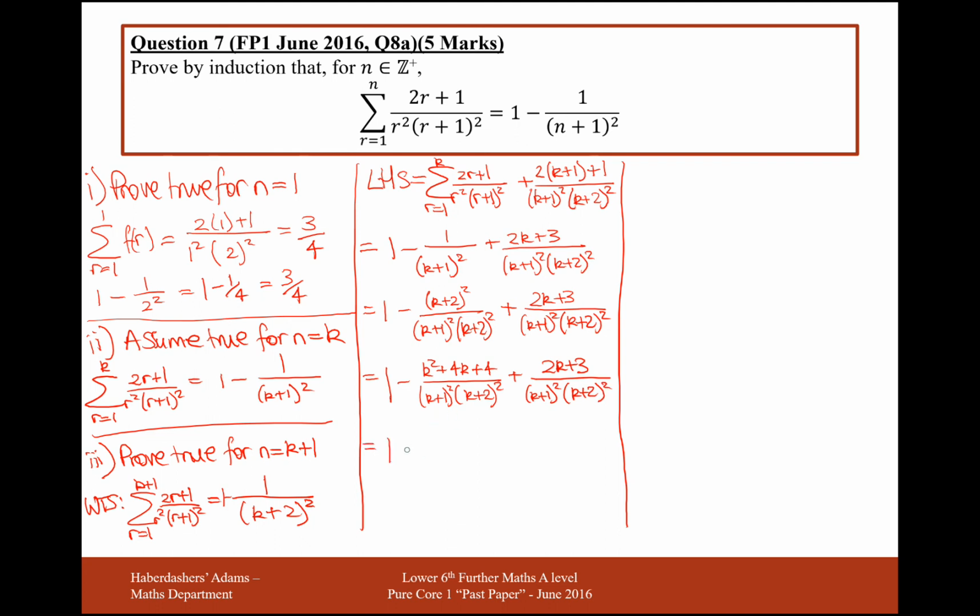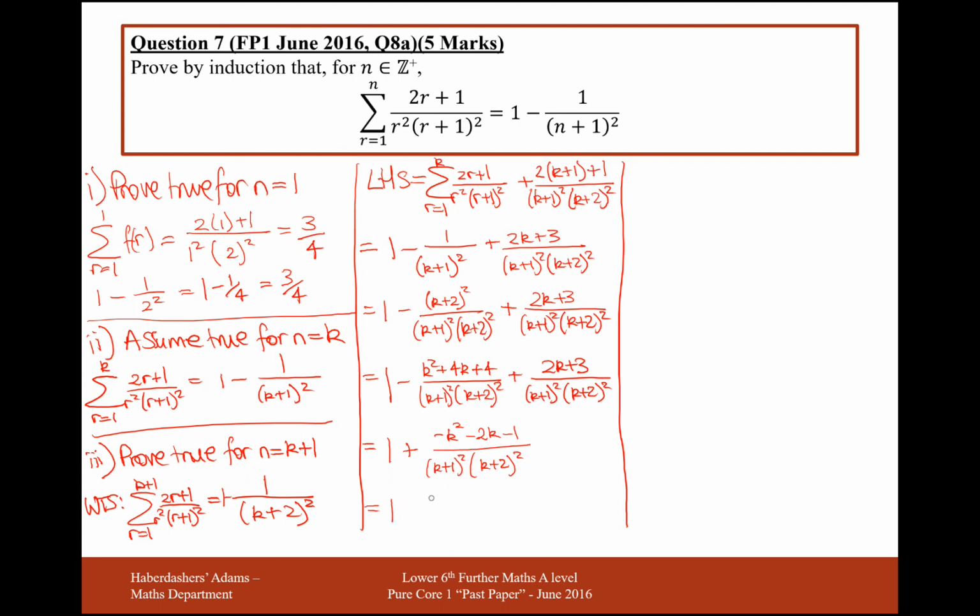So combining this, what I'm going to have is 1 plus minus k squared, and I'll have minus 4k added to 2k, so that'll give me minus 2k, and it will be minus 4 add 3 will give me minus 1, over (k plus 1) squared (k plus 2) squared.